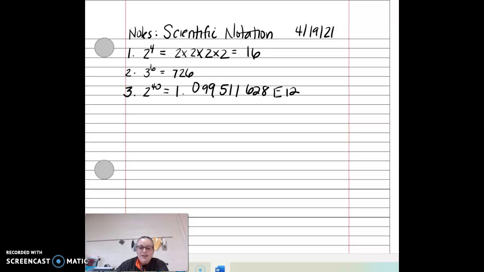Okay, this is a number so big that your calculator ends up putting it into what we like to call scientific notation. This E12 actually says we need to take this decimal and multiply it by 10 to the 12th power. This is in scientific notation.